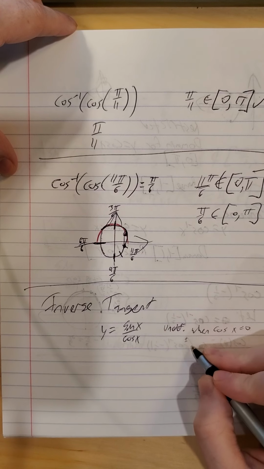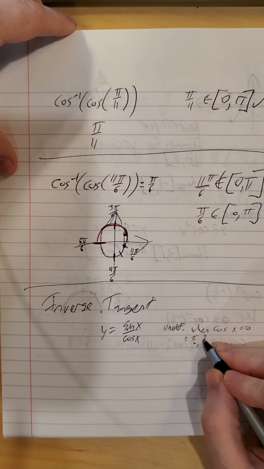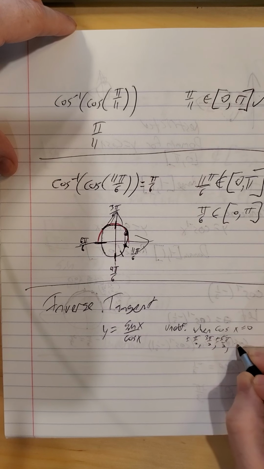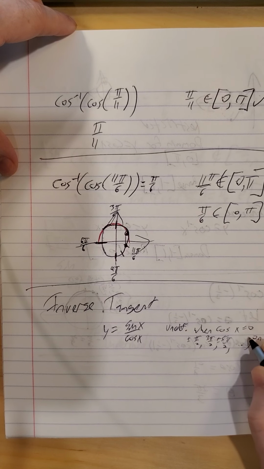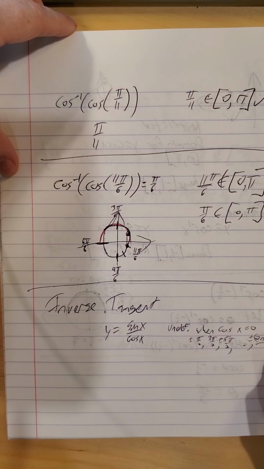So in other words, undefined at plus or minus pi over 2, plus or minus 3 pi over 2, plus or minus 5 pi over 2, any odd plus or minus (2n minus 1) pi over 2.